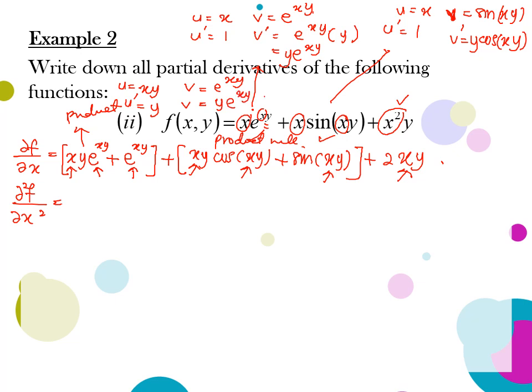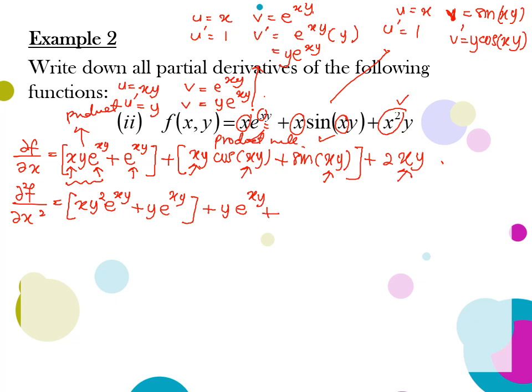So for the first term here, you will expand this to xy squared exponent xy plus y exponent xy. Okay, so differentiate the second term here, you will get y exponent xy. Okay, that is for the second term.